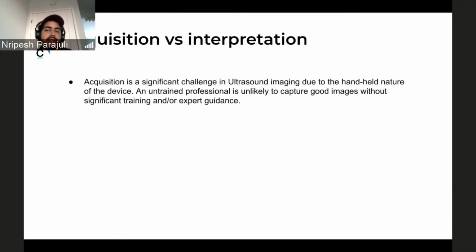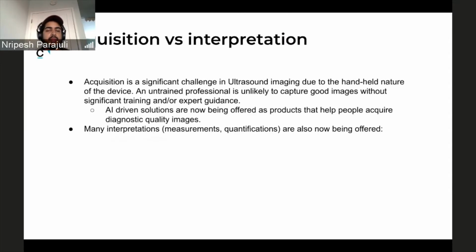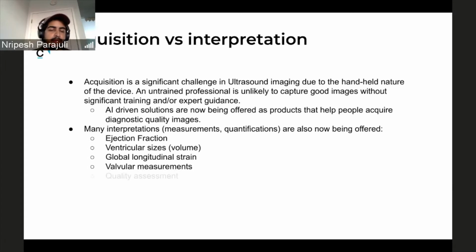I've already mentioned this, so I'm going to go through it a little quicker. In the industry, I found that folks are taking both the acquisition and the interpretation parts pretty seriously. The acquisition is acquiring good images, and interpretation is, once you have the images, doing all sorts of predictions on them.